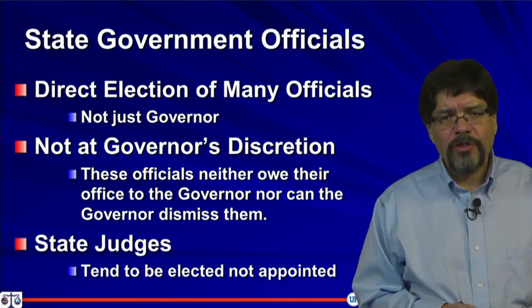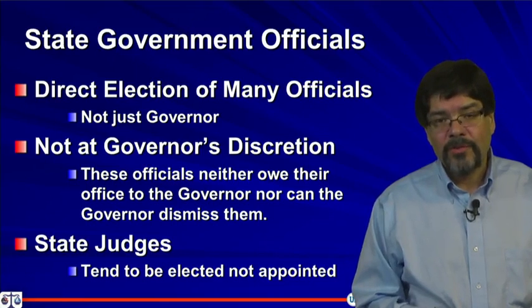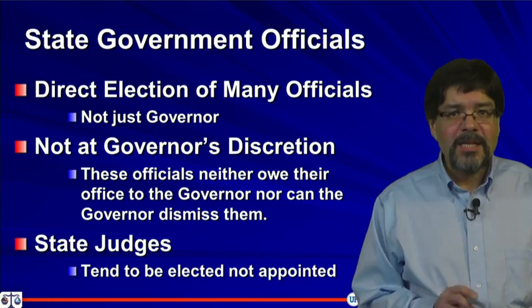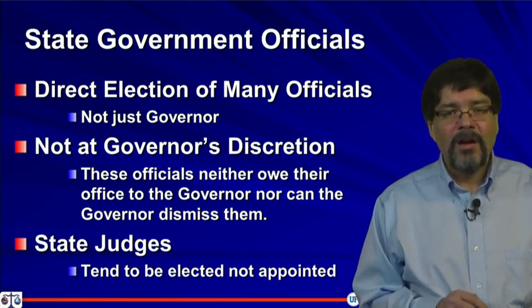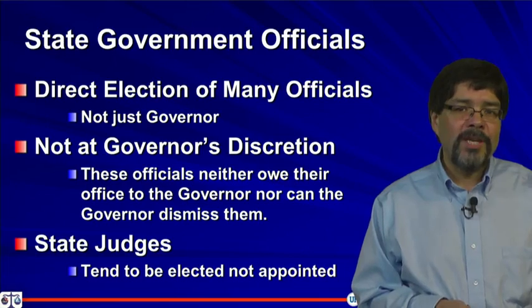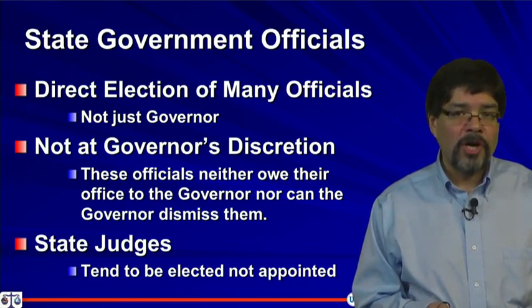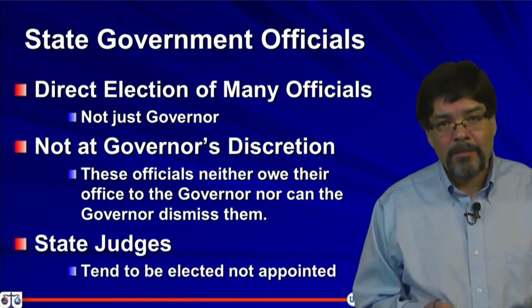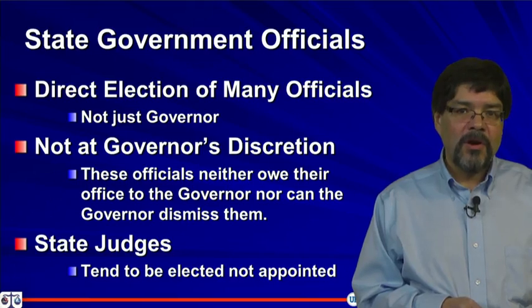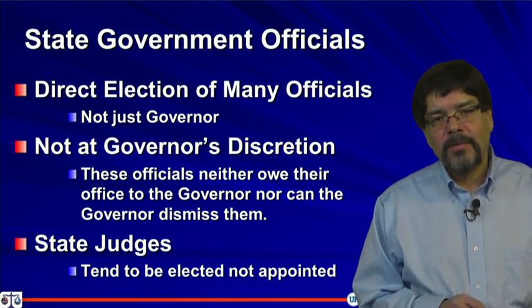Many state government officials, not just the governor, who's generally the chief executive of each state, are subject to election. And indeed, it's very important to note that most judges at the state level are elected officials. Contrast that to the Article 3 judge, who is appointed into his or her job and has a lifetime appointment. In contrast, most state judges are elected, and I will discuss that in my series on the structure of the American courts.